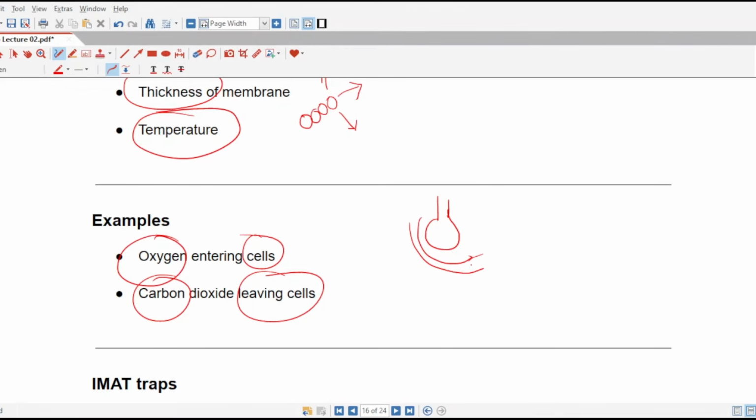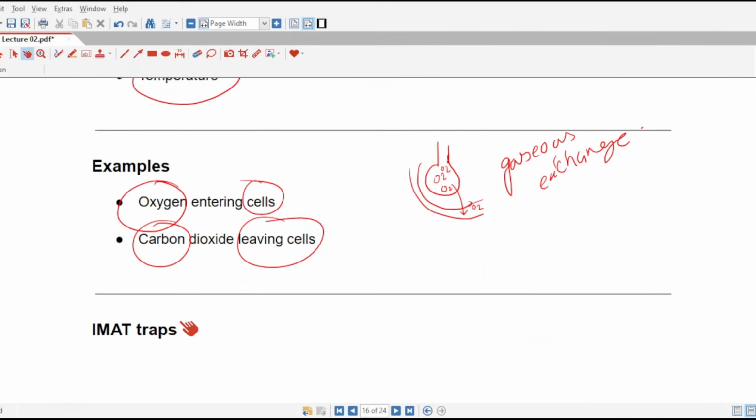The capillaries doesn't have that much oxygen, and alveolus has so much oxygen. So that means the oxygen concentration is high inside alveolus, and the oxygen concentration is low inside blood vessels. As there's concentration gradient, the oxygen will keep diffusing towards the capillary, and this is called gaseous exchange.